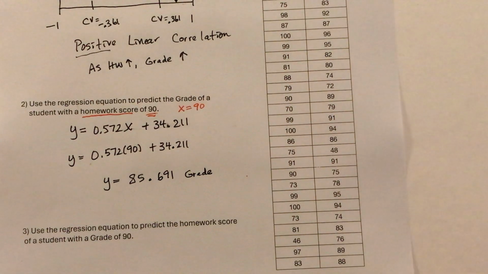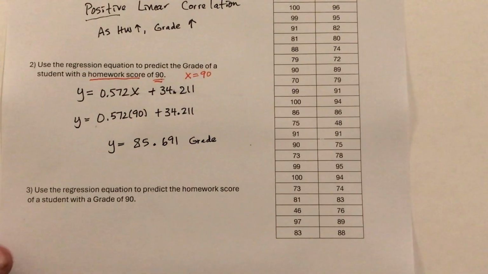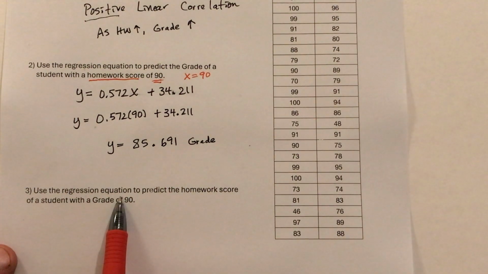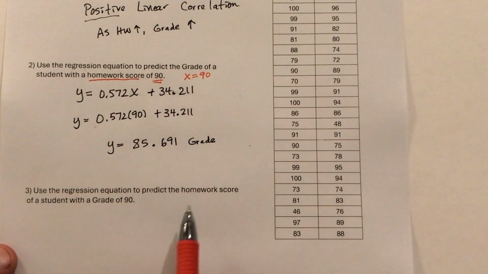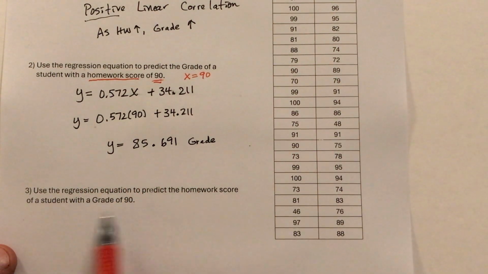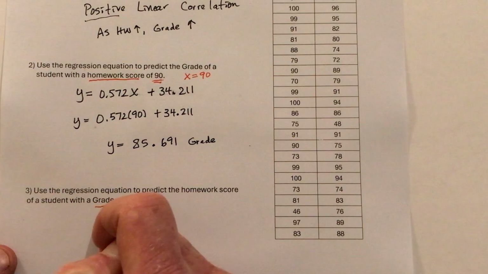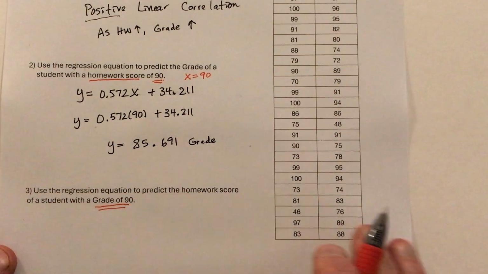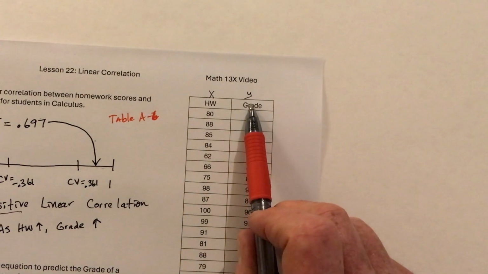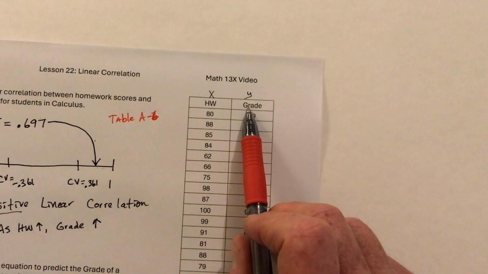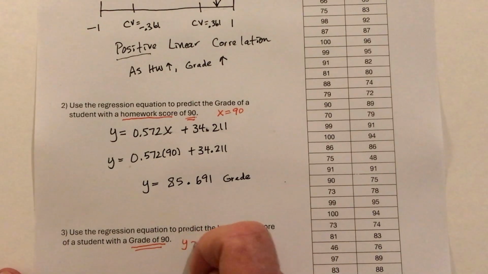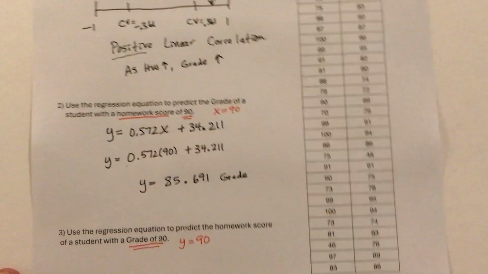Then for the third and last question for this video, so use the regression equation again, same thing, and then predict their homework score if their overall grade is 90. And remember, use this. So if it says their grade is 90, that means Y equals 90. So this part is saying Y equals 90 instead of X equals 90.